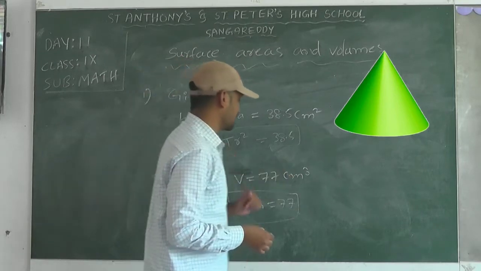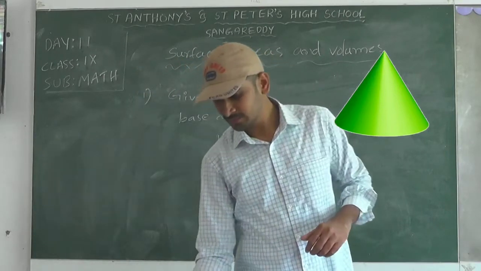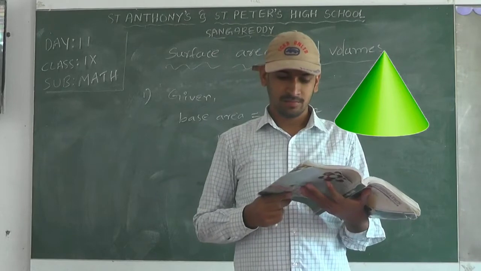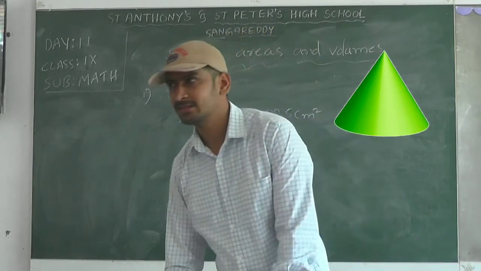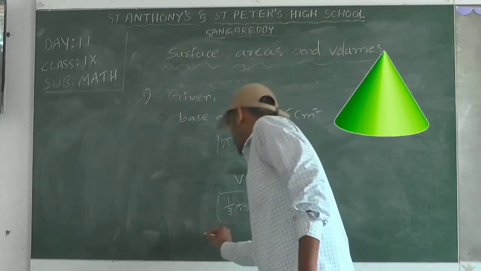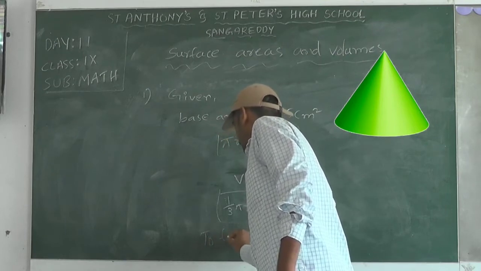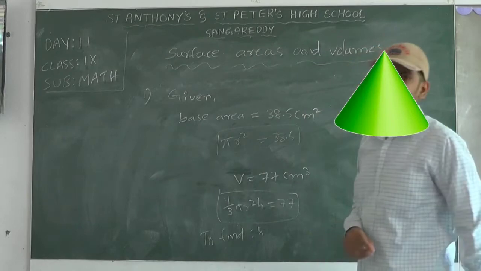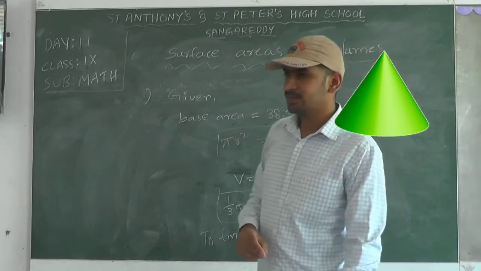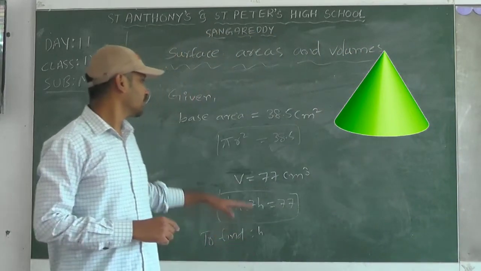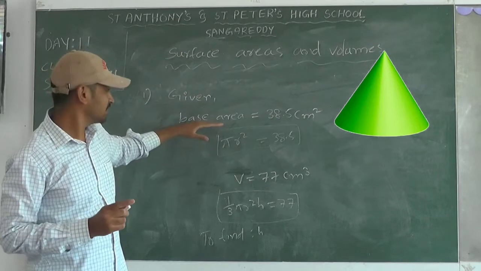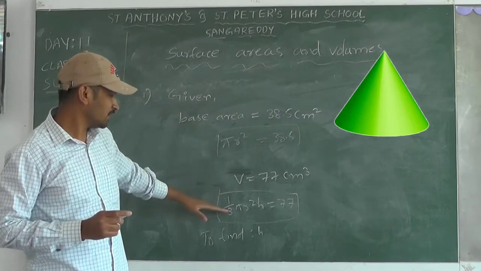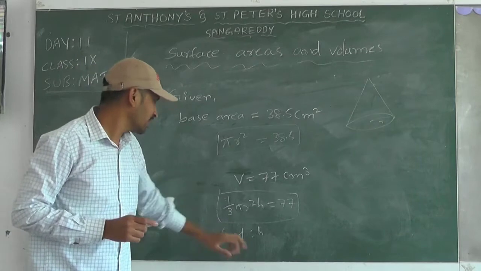From this we have to find the height h of the cone. Two parameters are given, the base area and the volume, and from them you have to find the height.